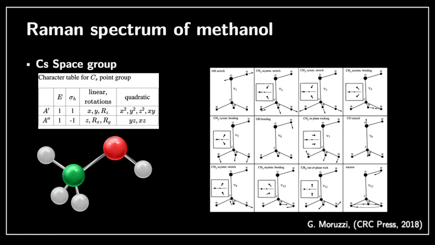If you look at the character table in books or on the internet, you will find that there are two irreducible representations, A prime and A prime prime. The vibrations of your material will also be classified using the same irreducible representations. Now, what's nice is that if you look into this, you will find that there is a column that says quadratic.